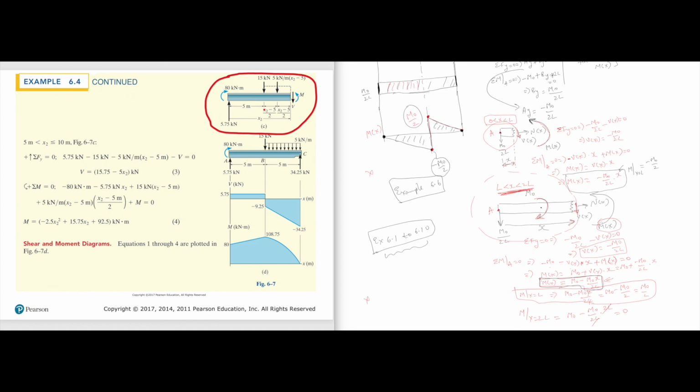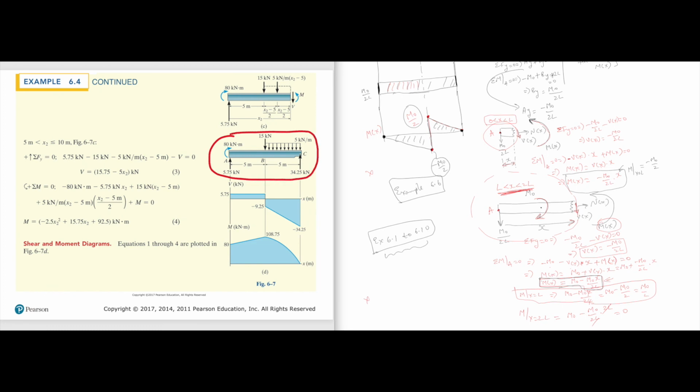Okay. For example, if you look at this loading, just by looking at it, will you be able to say where the maximum... Oh, sorry, this is not the loading. Wait a second. This is the loading.